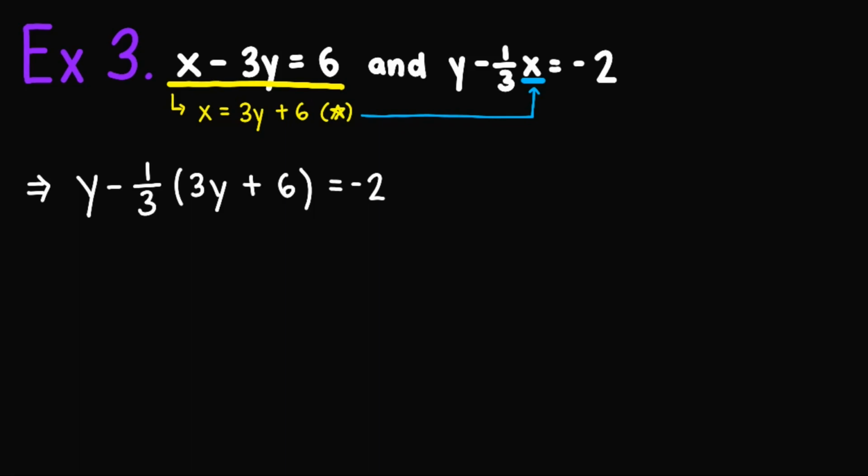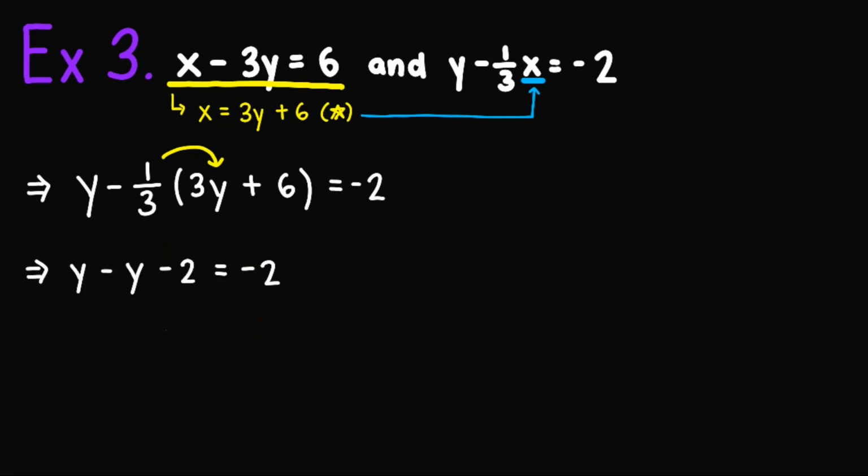From here, we distribute negative 1/3 inside. So what happens here is that we'll have negative 3/3y plus, we'll have minus instead, so negative 6/3. This simplifies to negative y, and this one is negative 2.